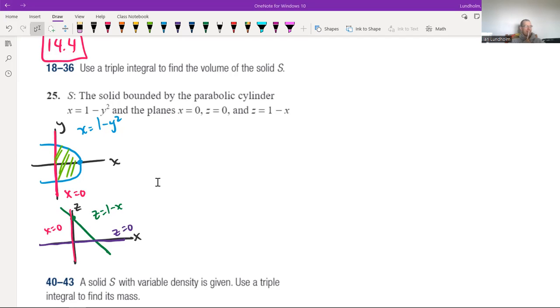Since we have x solved for in terms of y and z solved for in terms of x, I think x is going to make a good intermediate variable. If we set up our first set of bounds with z first, then we can integrate from z equals 0 to z equals 1 minus x.